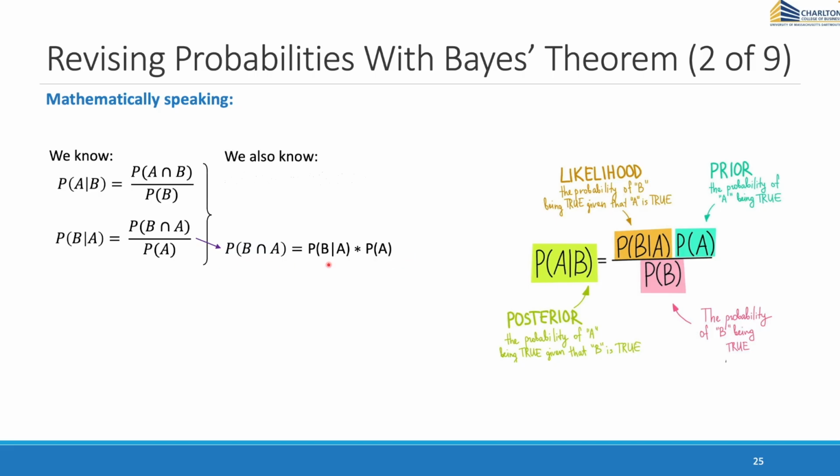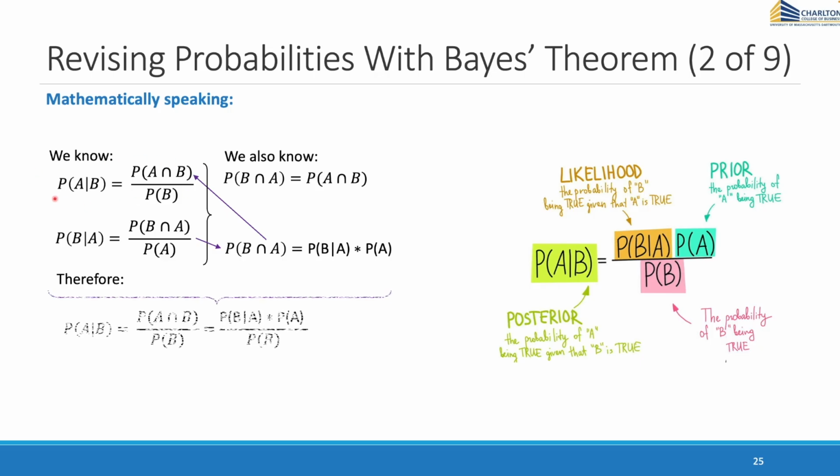We also know that probability of B and A is same as probability of A and B. So we can insert this probability back into the first conditional probability and come up with this Bayes' theorem function.